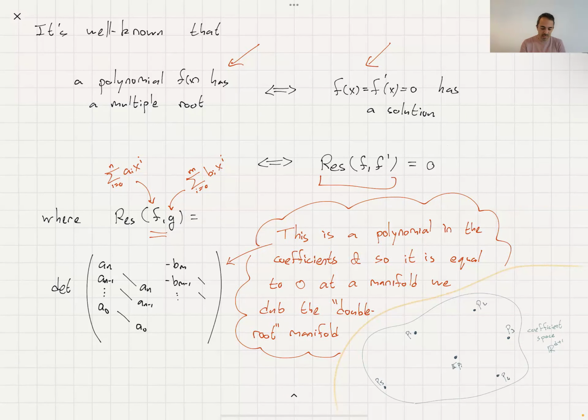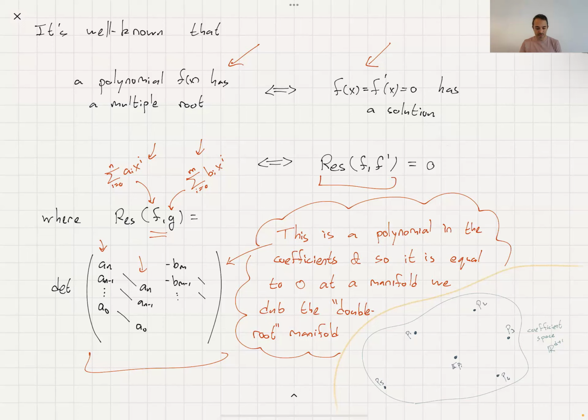So if f is a degree n polynomial, and g is a degree m polynomial, with the bi's as the coefficients, then you can form this (m+n) by (m+n) matrix, where you put the coefficients of first f and then g in a sliding diagonal fashion, and look at the determinant.